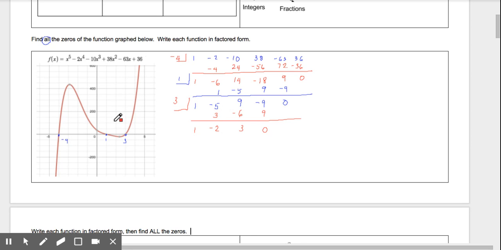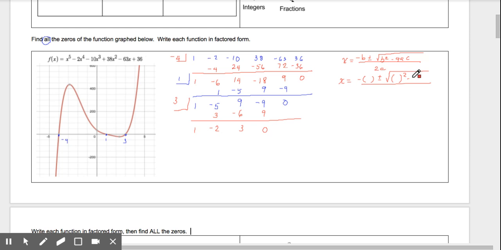But fortunately, since we're looking for the last 2 zeros, we can apply the quadratic formula, which is x equals negative b plus or minus square root of b squared minus 4ac all over 2a. So here we plug in.